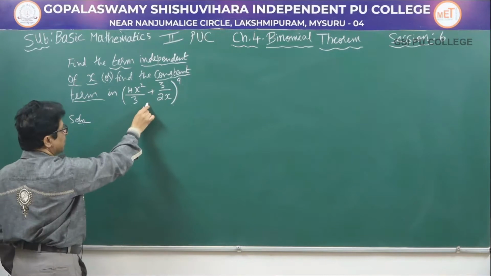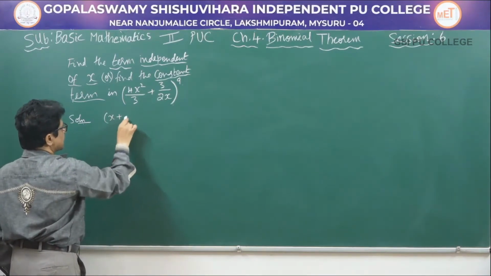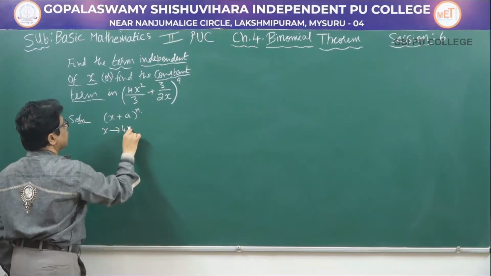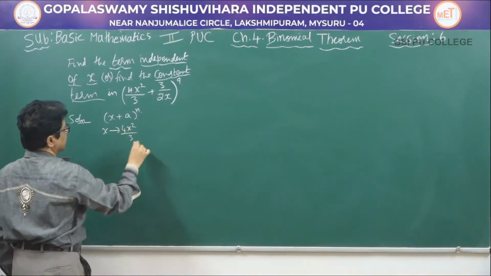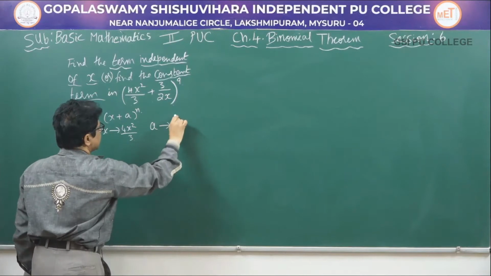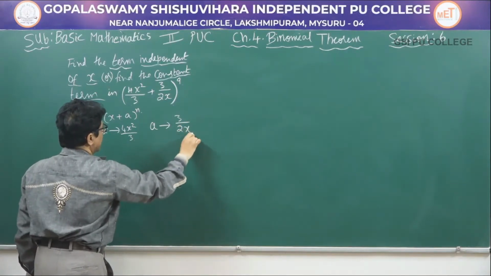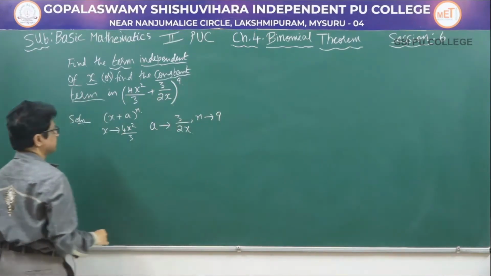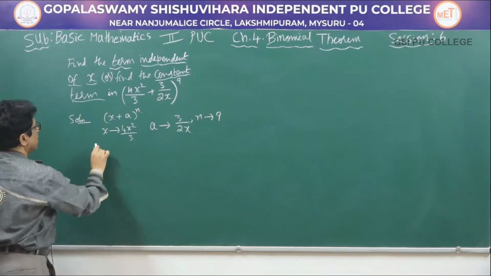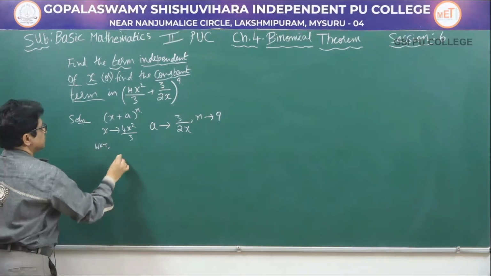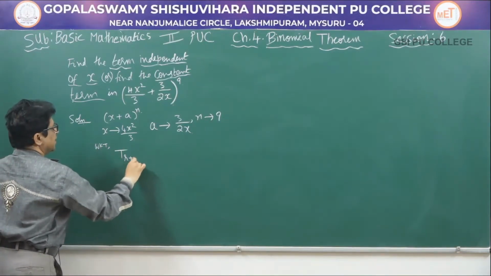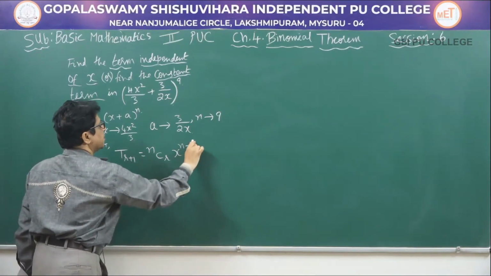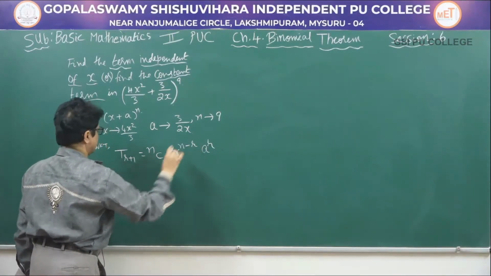So let us compare this problem with (x + a)ⁿ. So x is nothing but 4x²/3, a is nothing but 3/2x and n is 9. We know that T(r+1) is equal to nCr into x to the power n minus r into a to the power r.